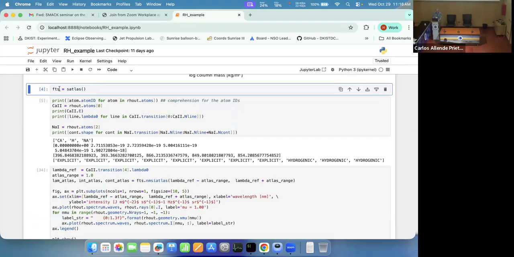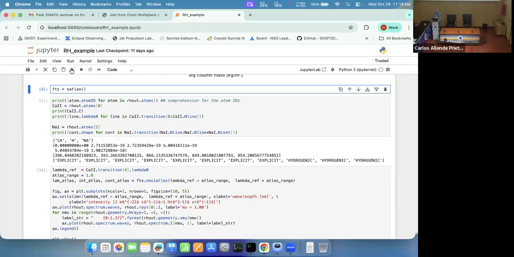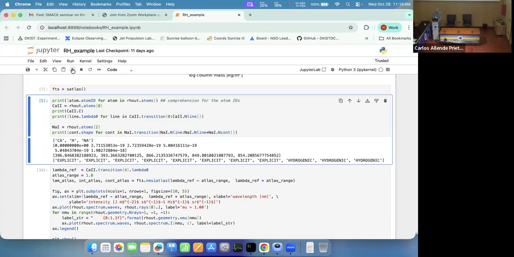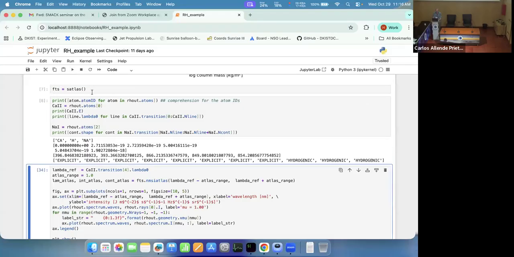Then you can read in the atlas. So let's do that. The atom structure in RH out.atoms, the output structure .atoms, has a list of all the atoms that were calculated in non-LTE.